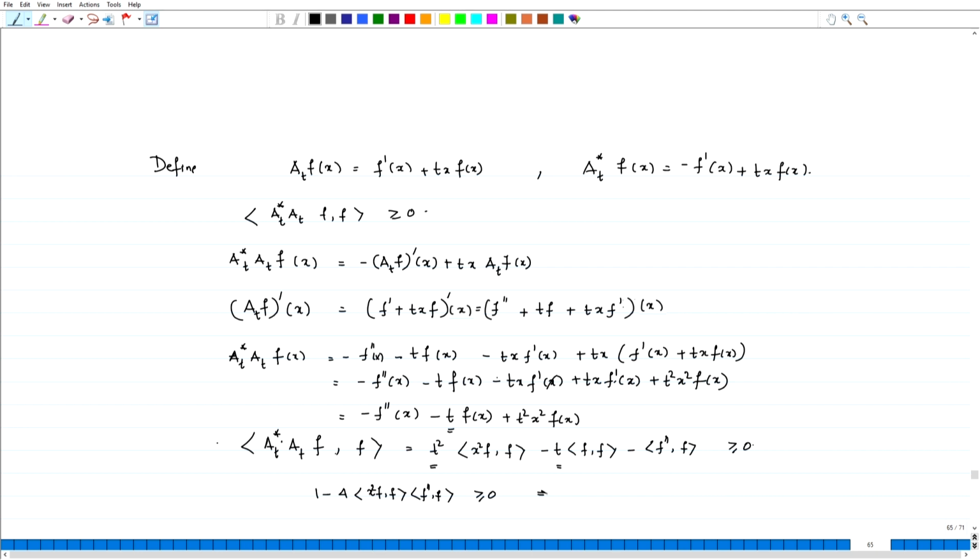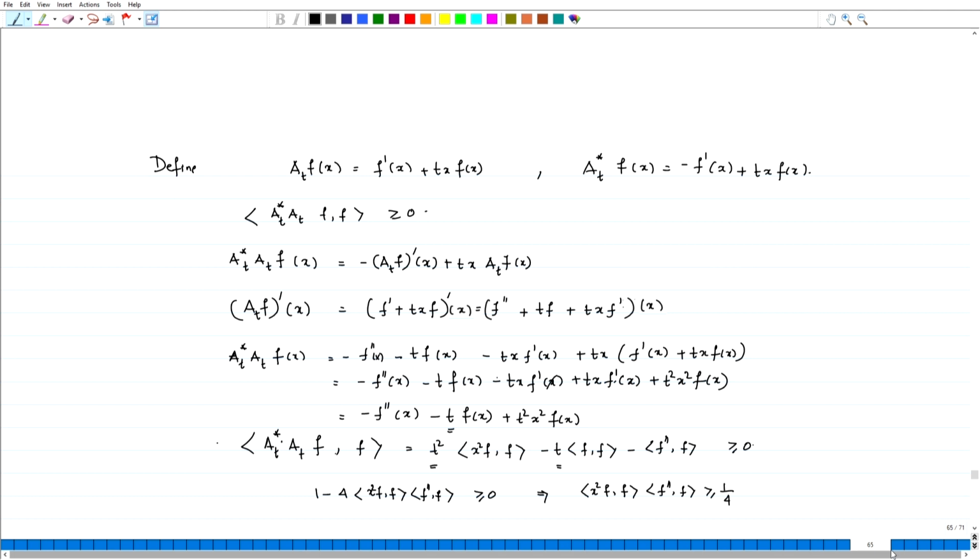So, this will imply that x square f inner product of f multiplied by f double prime of f is greater or equal to 1 by 4.